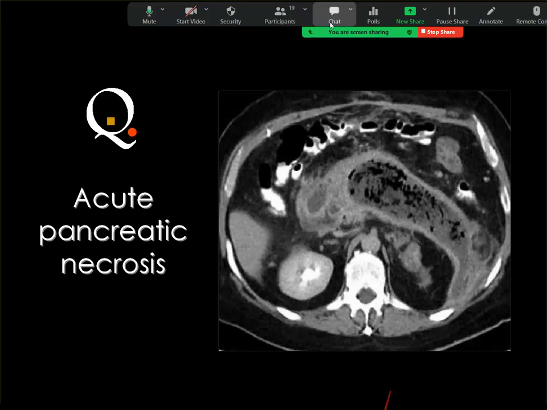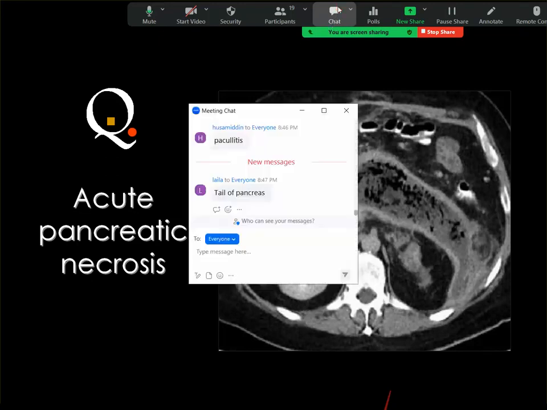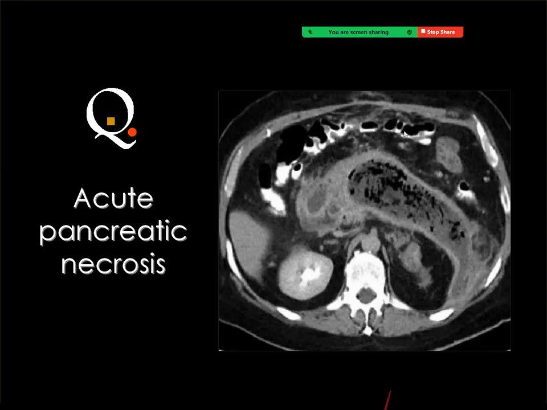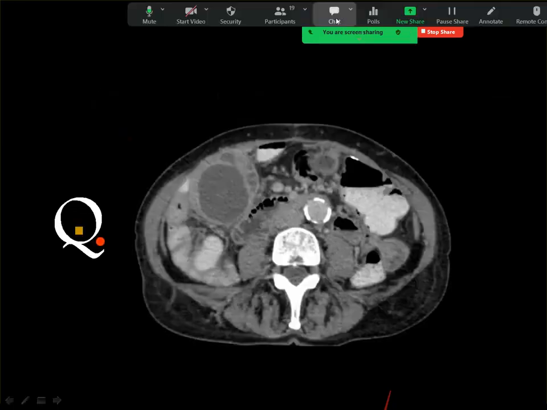Both can fit this appearance, where you see that most of the pancreas is replaced by fluid and gas. These changes also affect the pancreatic body and the tail, with of course some reactive inflammatory changes in the adjacent peritoneal fat. Next case.